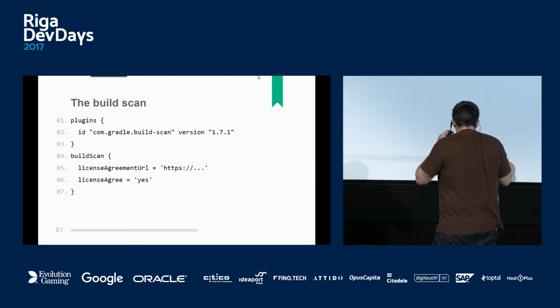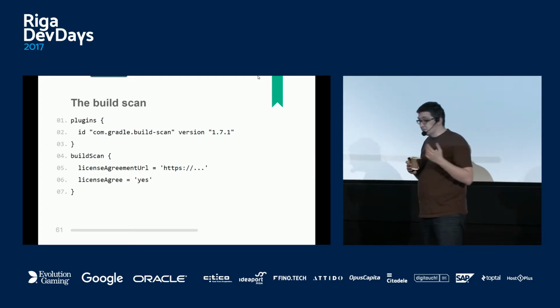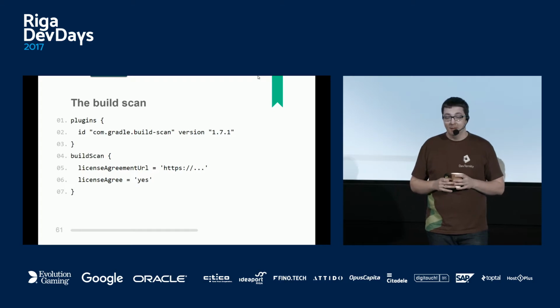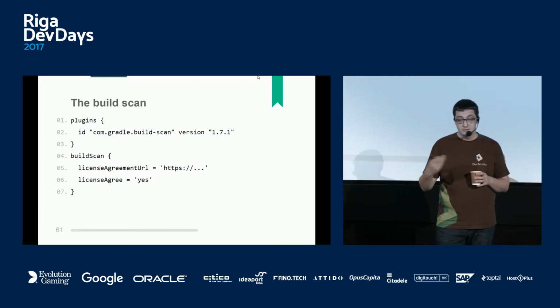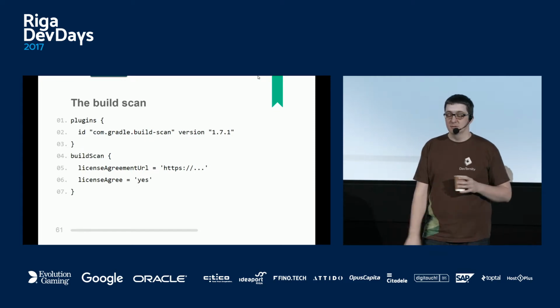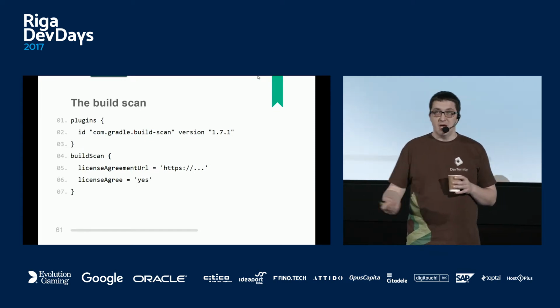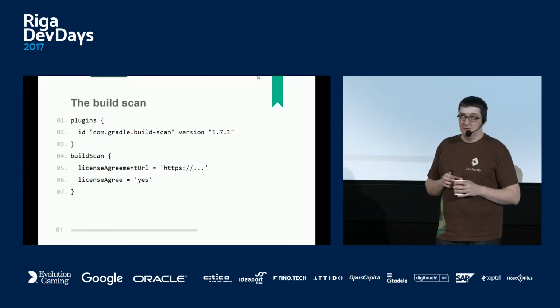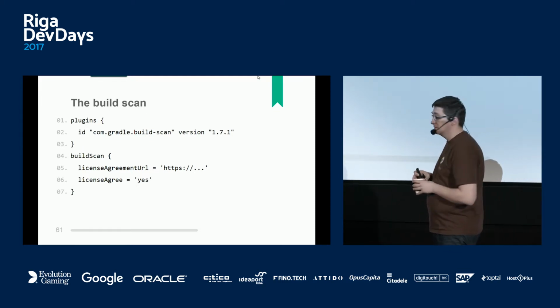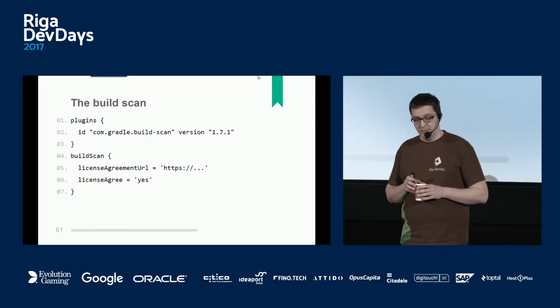Another thing, because Gradle is trying to fight and address the performance of the build tool, and they do a lot of these tricks with the cache and the task inputs and outputs, recently, I think it was version 3.1 or 3.0, they introduced this plugin called build scan.